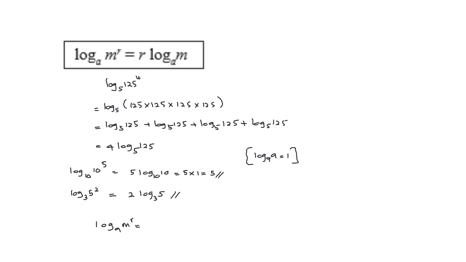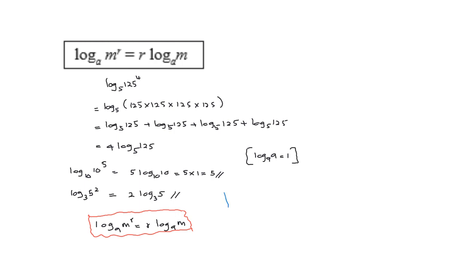You can take r to the front, then log a m. This is our next law of logarithms. This is very important. And this law is also valid for fractions.